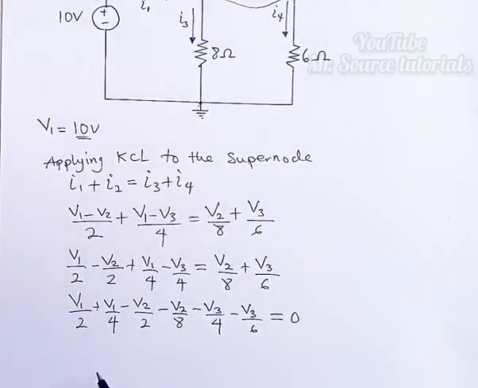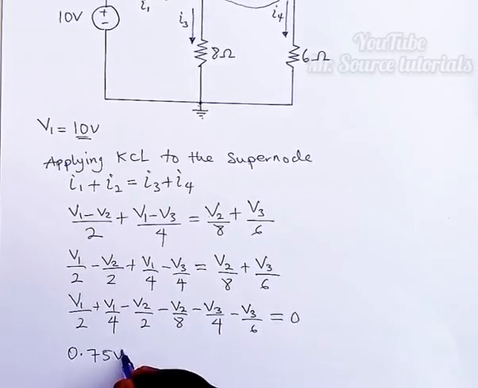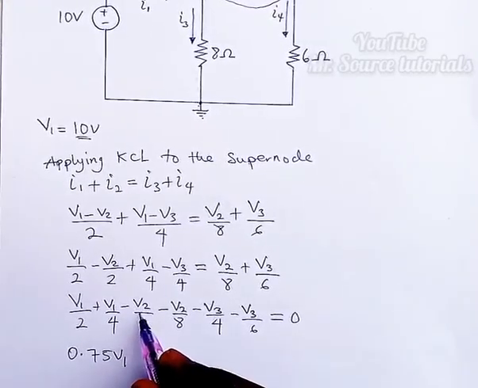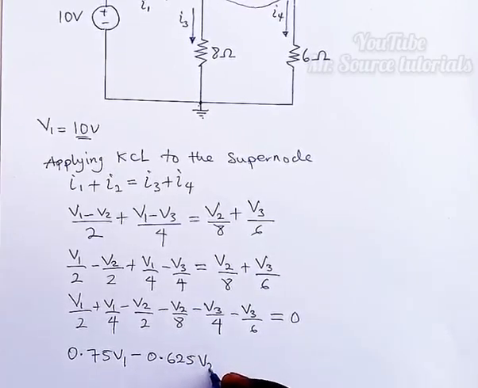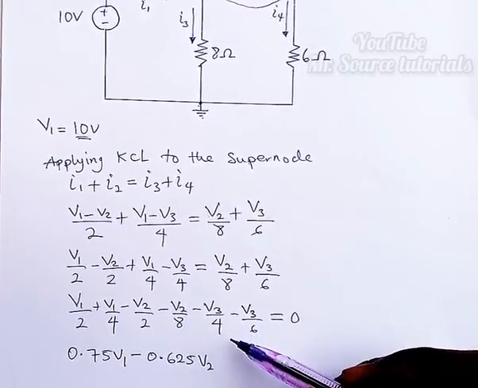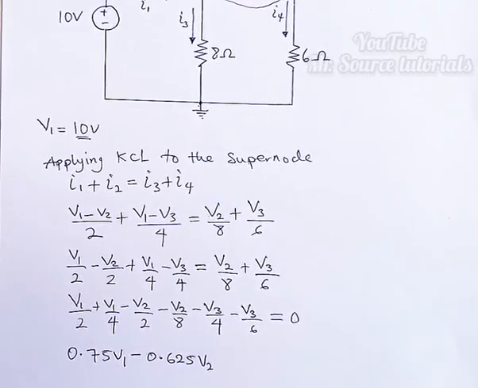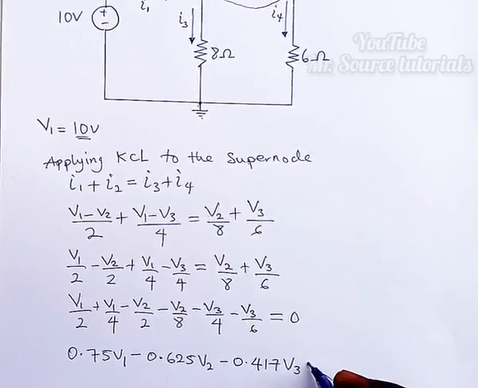Summing V1 over 2 plus V1 over 4 gives us 0.75 V1, minus V2 over 2 minus V2 over 8 gives us minus 0.625 V2, minus V3 over 4 minus V3 over 6 gives us minus 0.417 V3, all equals 0.